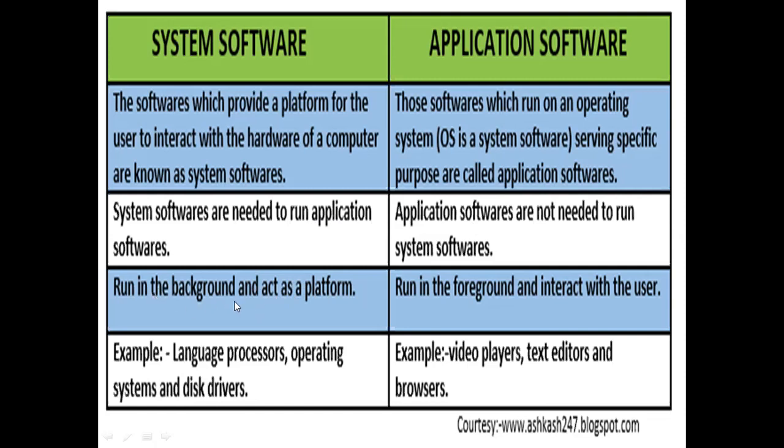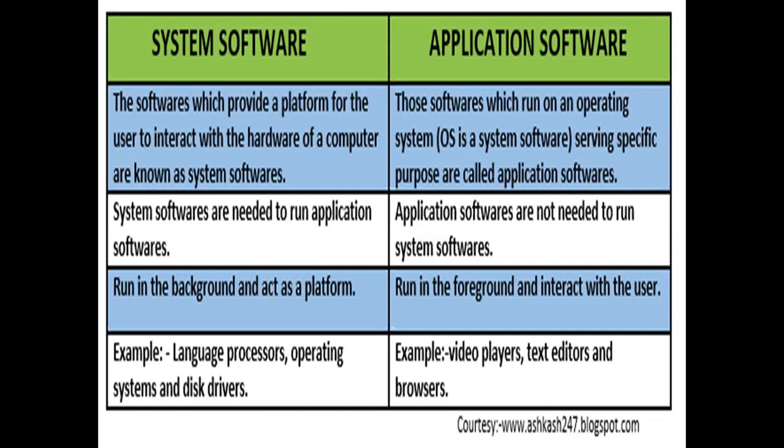System software runs in the background as a platform. For example, when you are using WhatsApp or playing a game on mobile, you don't know what is happening at the backside, how the operating system is running. Now also, when you are using Zoom, you don't know how the operating system is working at the backside. So system softwares are background programs.